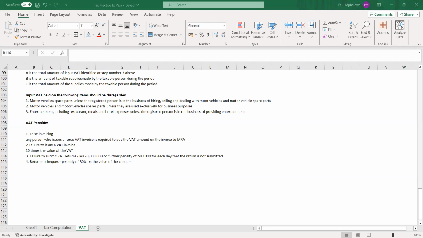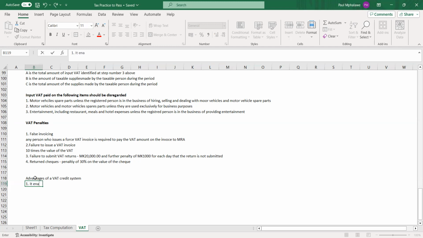So there are advantages of a VAT credit method that I must elaborate. We're saying advantages of the VAT credit system. Okay, number one is that advance payment of VAT enables government to receive revenue earlier than otherwise.